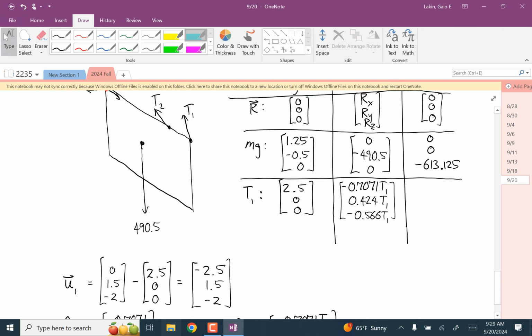Okay. So now take the cross product of those, and you get 0 for x, 1.42 T1 for y, 1.06 T1 for z.